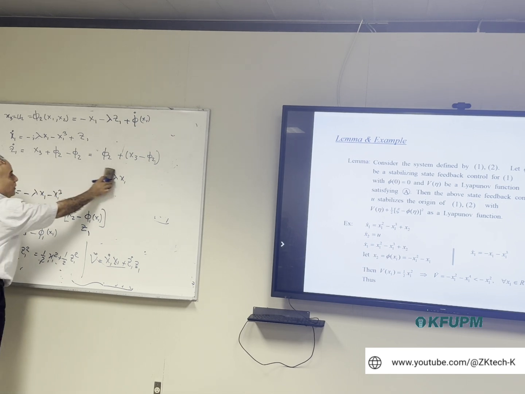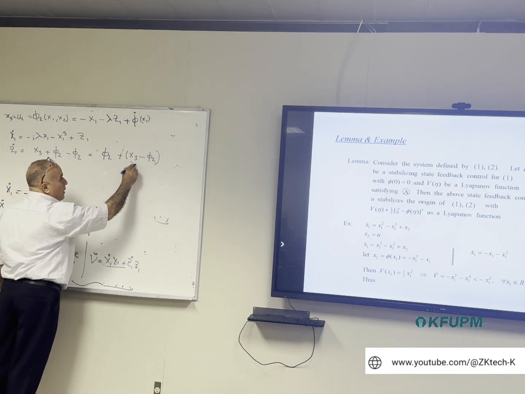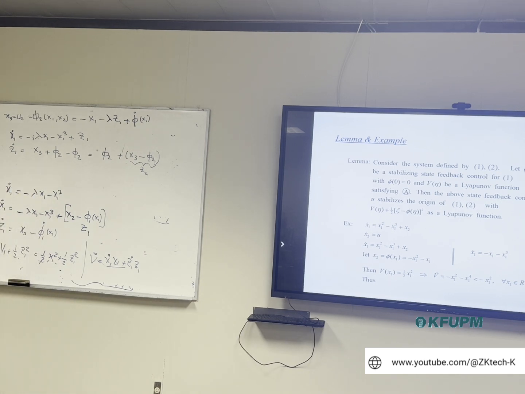We know what the value of phi 2 is, the one on the top that we have here, minus x1. Done with this, we are going to call this value z2. But z1 dot is x3 minus phi dot of x1.